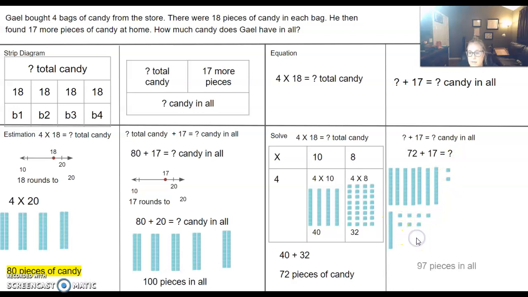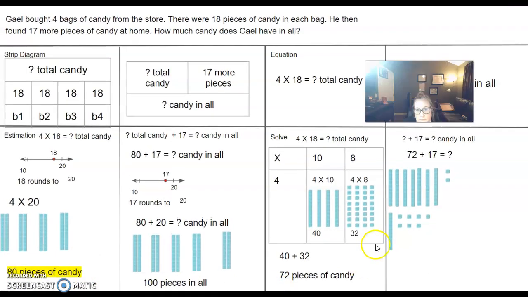So that means that I have something wrong. Hang on, let me look at that again. All right, sorry about that. I made a mistake. Oops. It happens to all of us. So I have 89 pieces of candy in all.